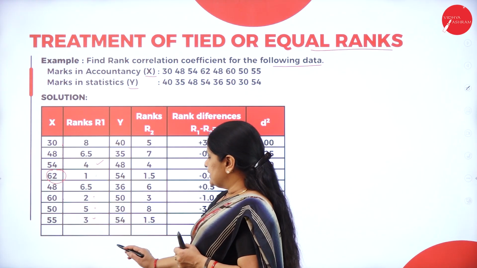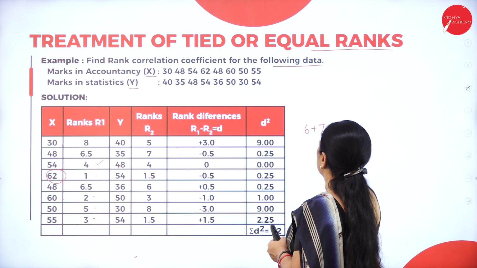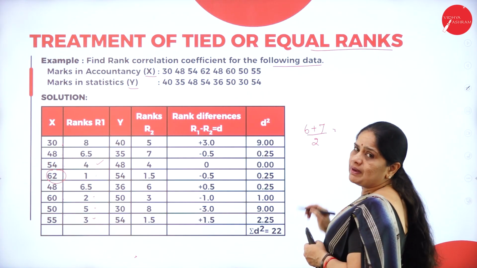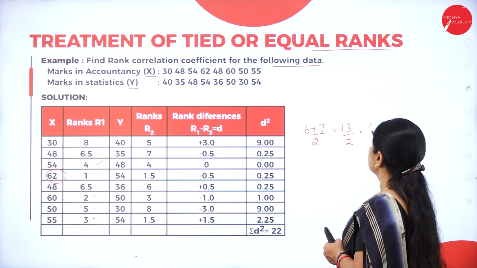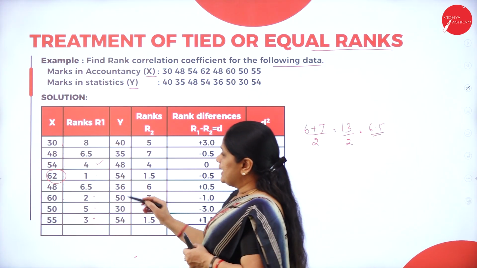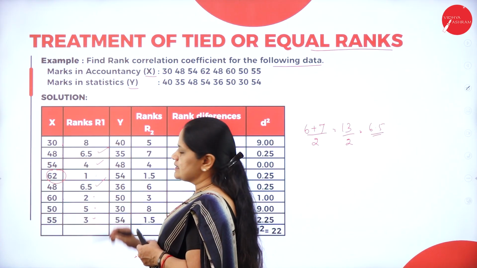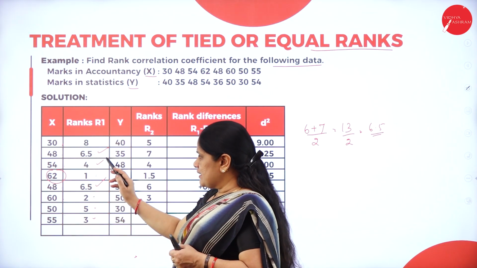So, what I do is 6 plus 7 divided by 2. So, 6 plus 7 is 13. 13 divided by 2 is 6.5. So, for these two tied ranks, I use this 6.5. So, this is the 6th rank and the 7th rank.